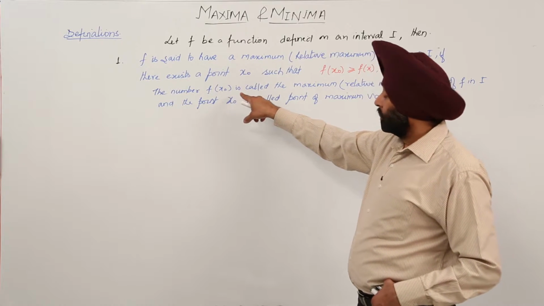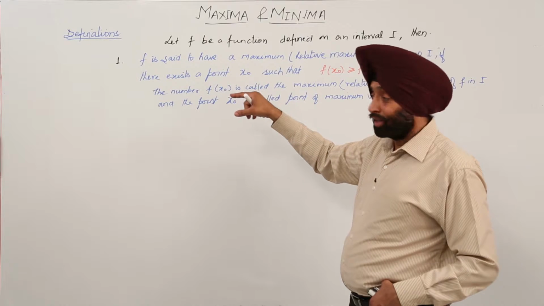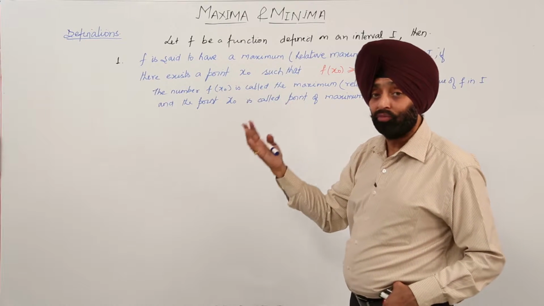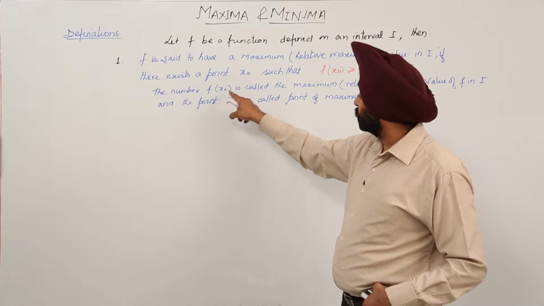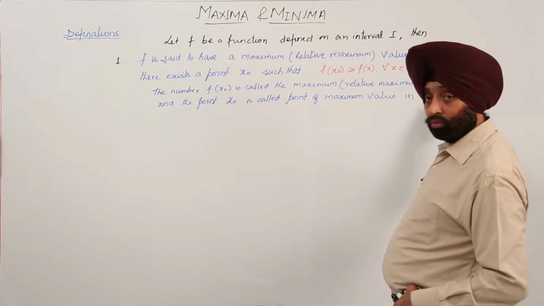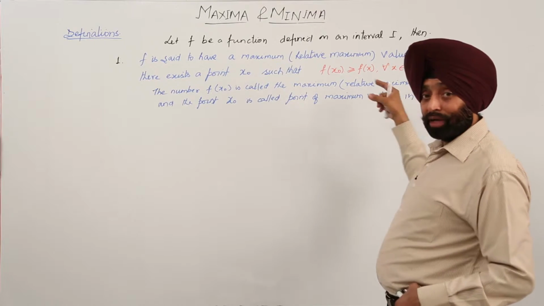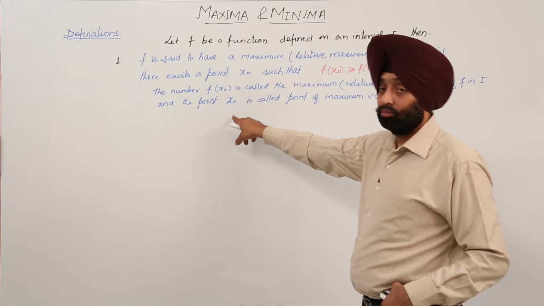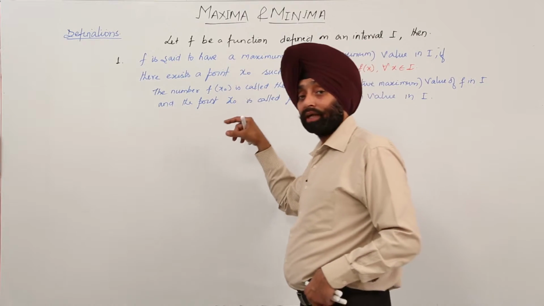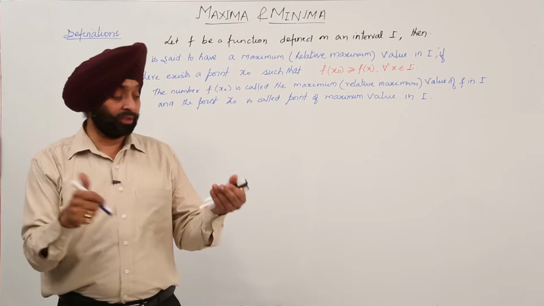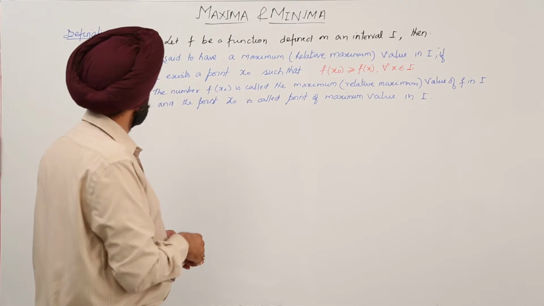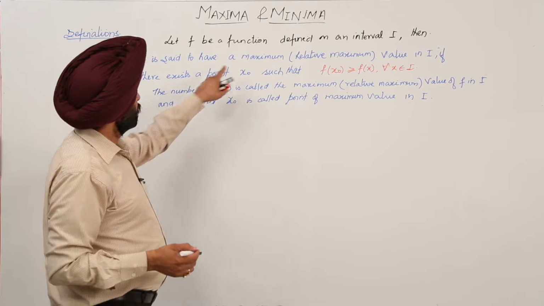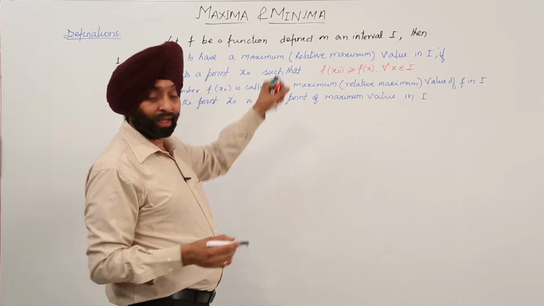So f(2), when put in the original question, gives the maximum value. So f(2) is called the maximum value, and the maximum value is at the point 2, that is called x0. Okay, so this is basically the idea. So this was for maximum or relative maximum.